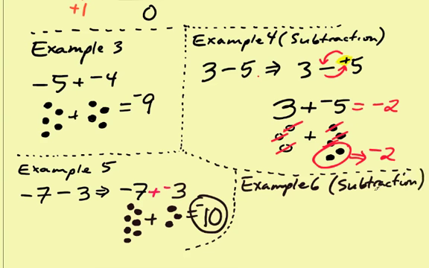If we have, let's do 3 minus, now we're subtracting a negative number. We are now going to subtract a negative number.